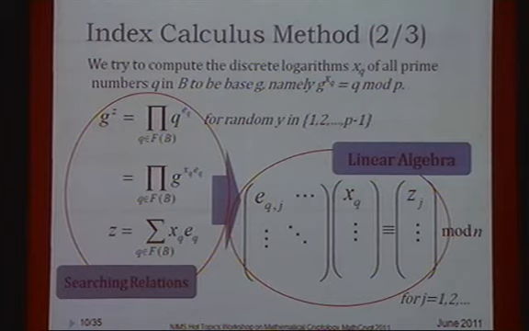You compute g to the x modulo p, then you factor it. And how can we factor it? Because we know the factor base, for example 2, 3, 5, and 97, we can divide by them. Usually the size of the factor base is big, but it is upper bounded by sub-exponential.